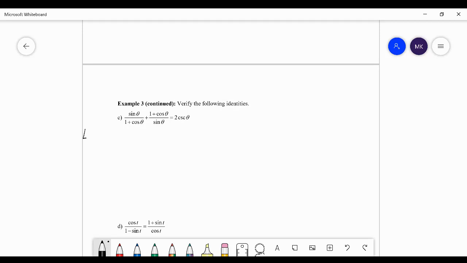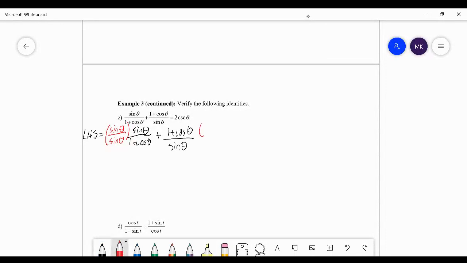So to do that, I start with the left-hand side, and I'm going to give myself some room. I need to multiply the left piece by sine theta over sine theta. That's multiplying our sine theta over 1 plus cosine theta plus cosine theta over sine theta.